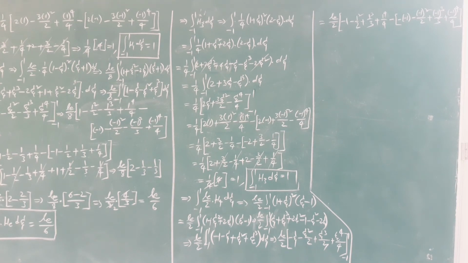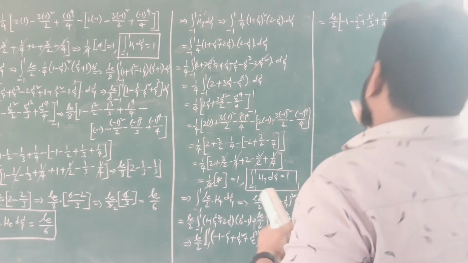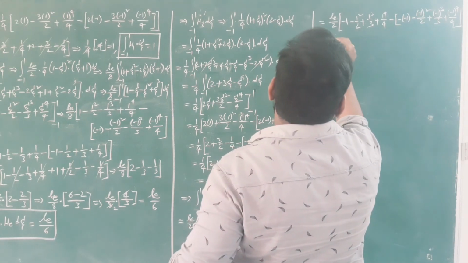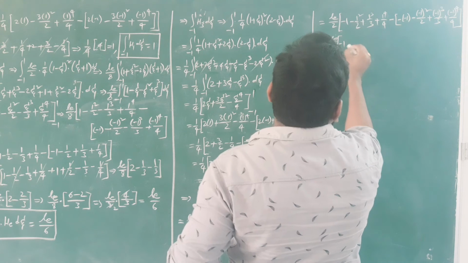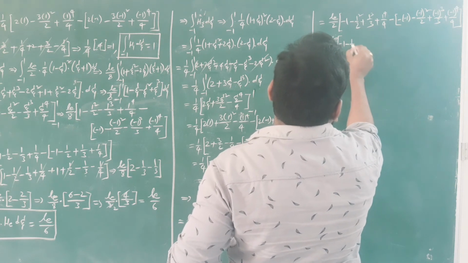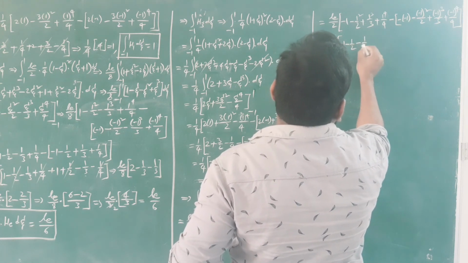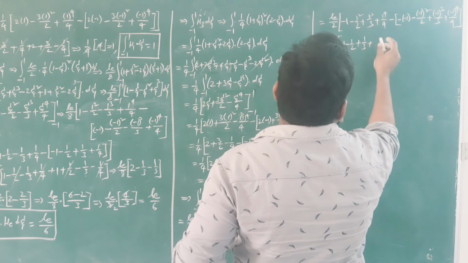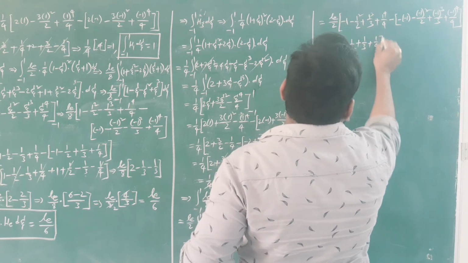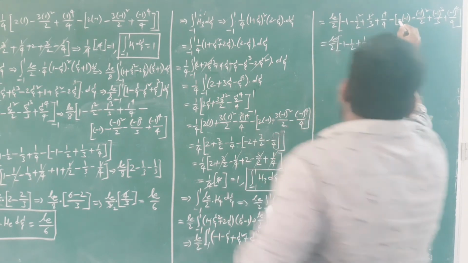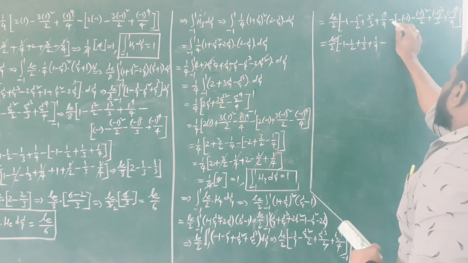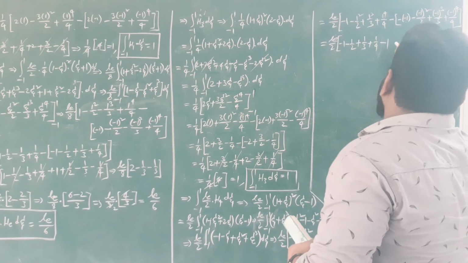Okay, next, that will be le by 2 into minus 1 minus 1 by 2 plus 1 by 3 plus 1 by 4, minus into minus is plus into minus 1 here.